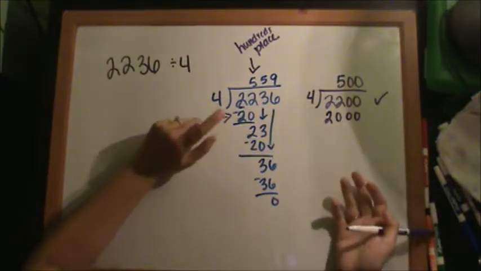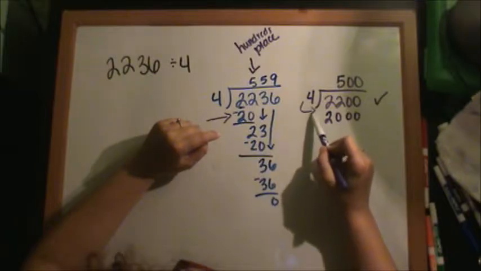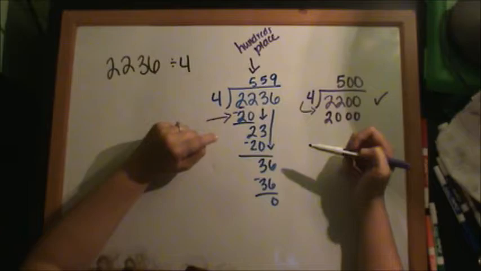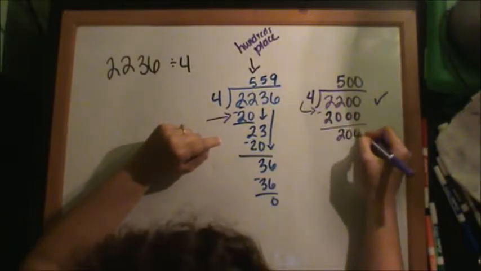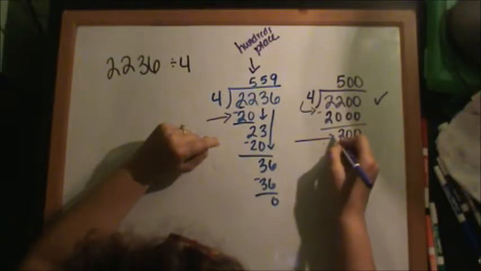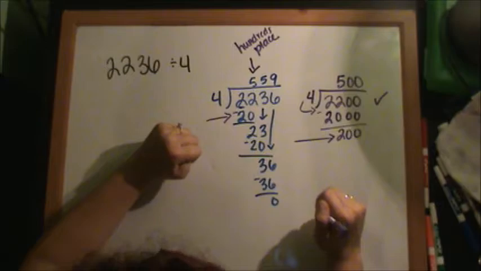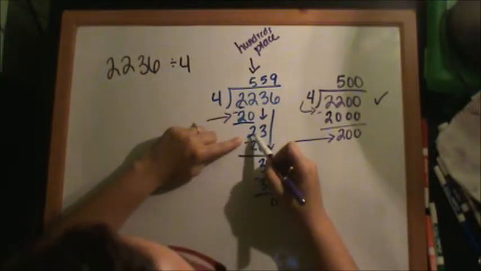So now why do we subtract it? It's because we're looking for what goes into 2,200, but we only came up with 2,000 when we multiplied it times 5. So now we're trying to figure out how much more 4 can go into. So we're left with 200, which is what we got here.